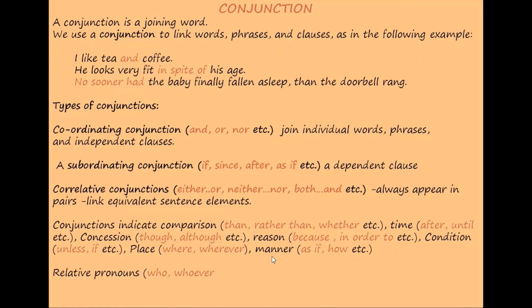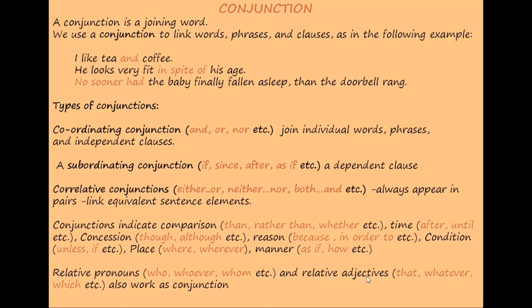Conjunctions indicating manner: as if, how, etc. And we also have relative pronouns as conjunctions, such as who, whoever, whom, etc. And relative adjectives are also there, working as conjunctions, such as that, whatever, which, etc.